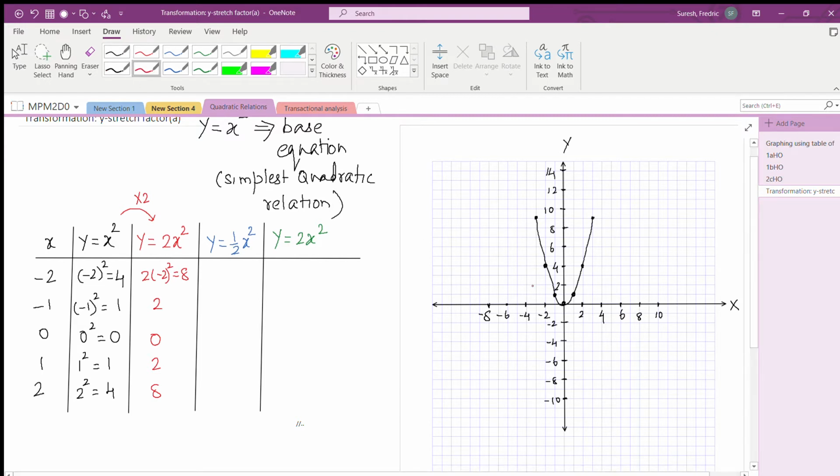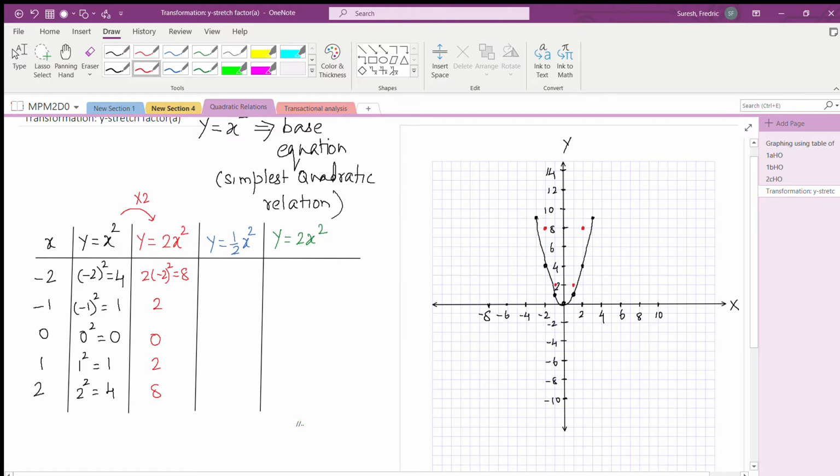So what will it look like on the graph? -2 is 8, and -1 is a 2, and 1 is a 2, and 2 is an 8.